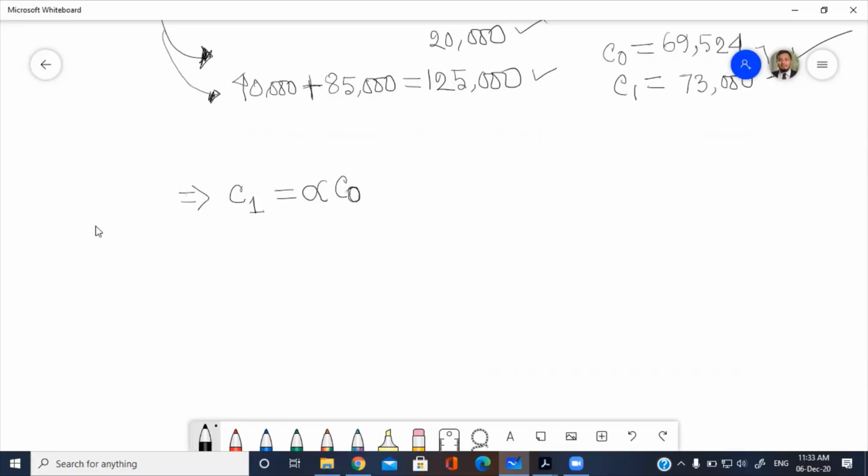Can you recall? I showed you how to get this from the first order condition of the utility function in the previous session. So is it possible to replace this in terms of income?